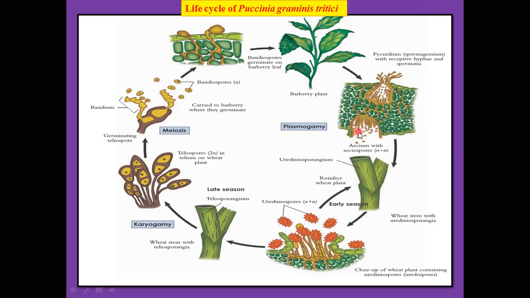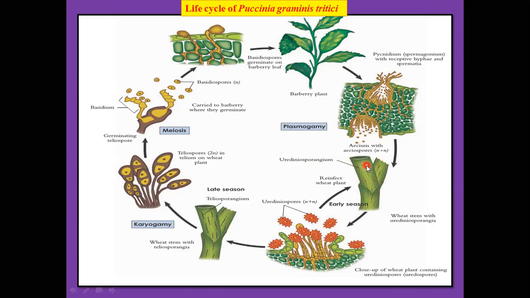These pycnidiospores and aeciospores generally survive on the barberry plant, but in the next season, means after sowing of the wheat crop in the Maharashtra states, these aeciospores are liberated from this barberry plant and travel from hilly areas to the plain region in Maharashtra and land directly on the leaf of the wheat crops.